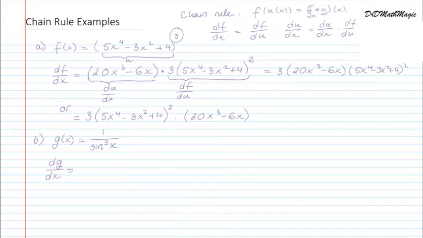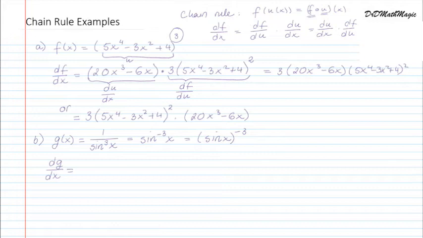So maybe what I should do first is rewrite this. So this is sine of x to the power of negative 3. Which is probably a better way to write it in order to be able to visualize how to take a derivative of this function.